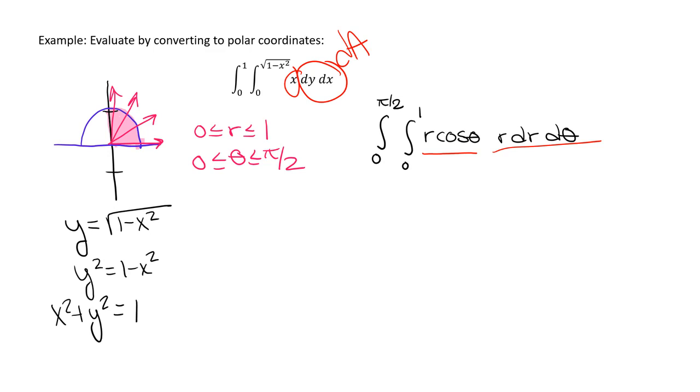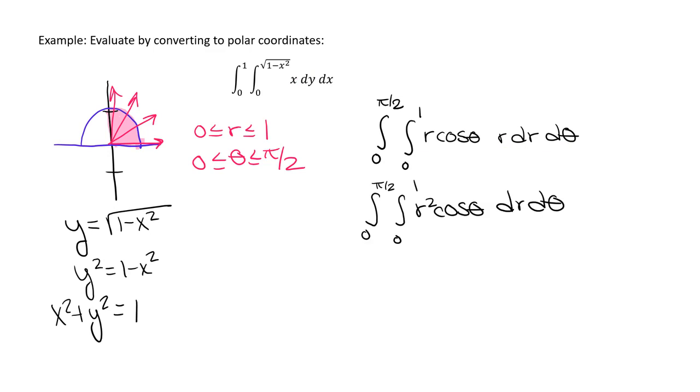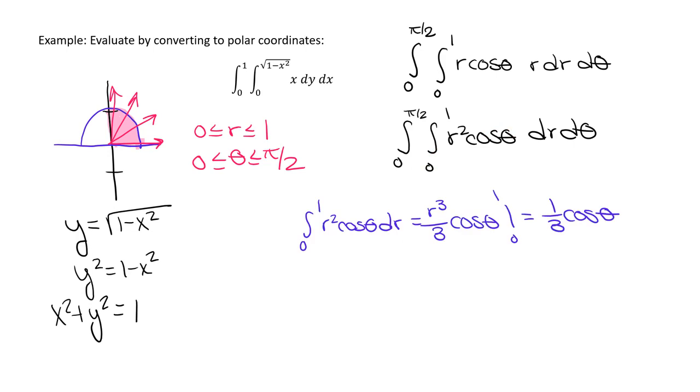All right, and so now this is something that I can integrate. Before I integrate, we might as well multiply these r's together. And so I'm going to write my integrand as r squared cosine theta dr d theta. And then I'm going to do my inside integral first, integrate with respect to r.